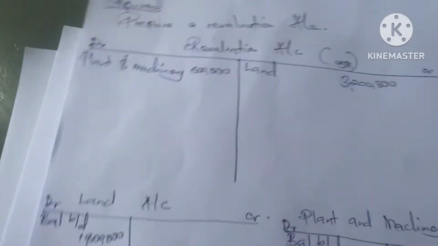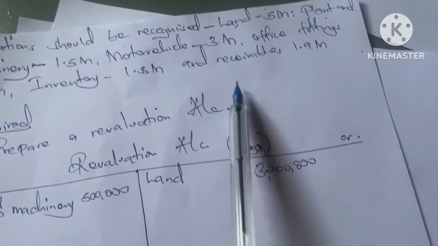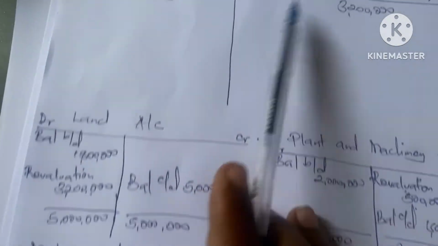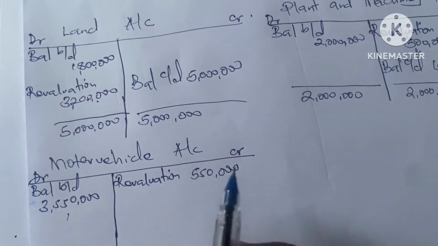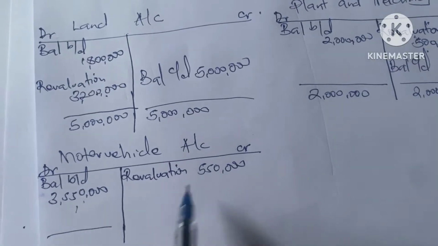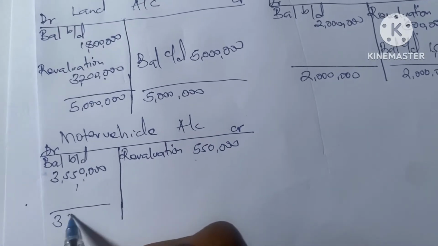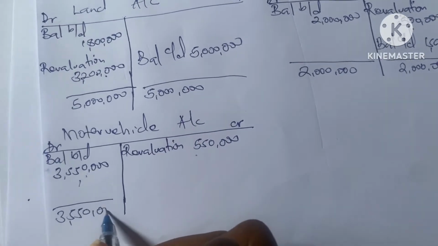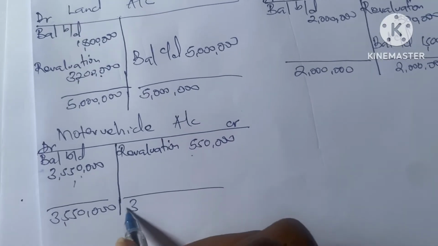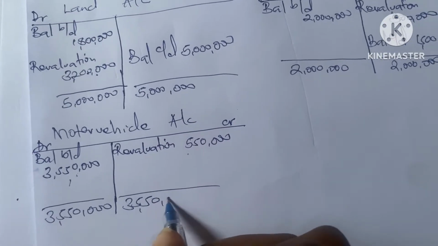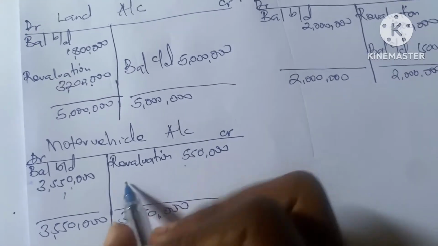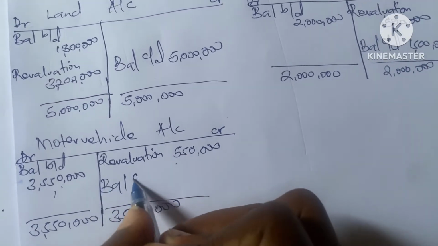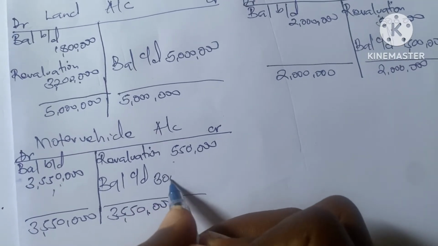This minus the 3M, this 3M. So we get that this side is greater than this side. So 3550, like that. This minus that. What we get becomes the balance carried down, which is 3M.